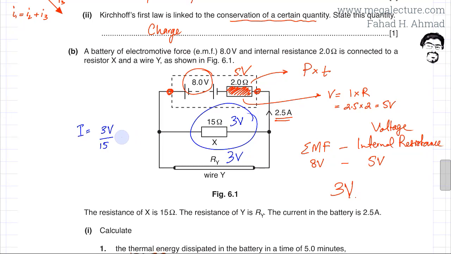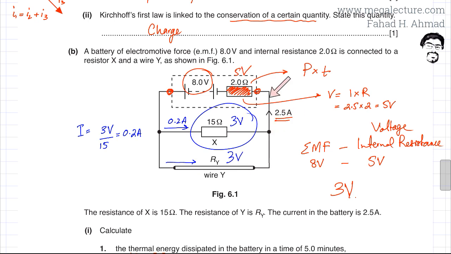And the current comes out to be equal to 0.2 amperes, which means that this parallel branch over here has a 0.2 ampere current going through it. I can now figure out the current passing through this wire over here by applying Kirchhoff's law.